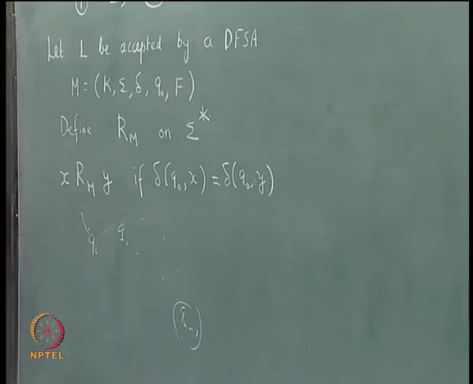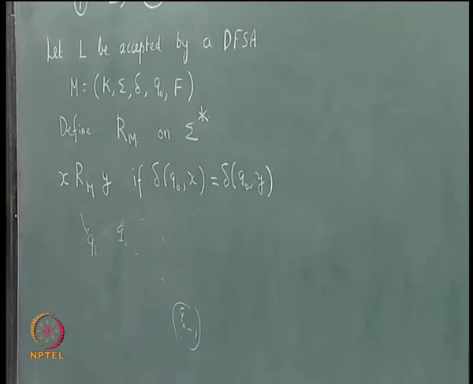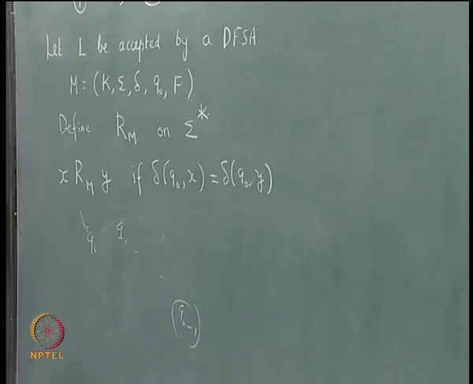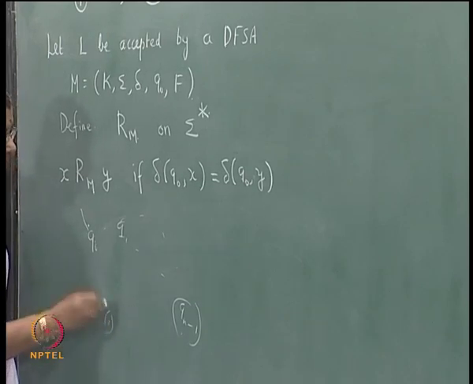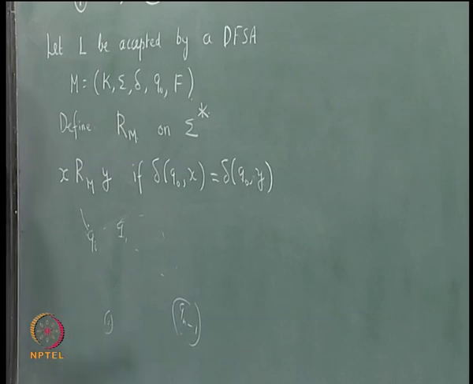So, how many classes can you have? You will have at most n. Why at most n? If some state is not reachable from Q naught, you can always remove that, but assuming such a state is there, that will not contribute to anything. So, the number of equivalence classes will be at most the number of states of the automaton.